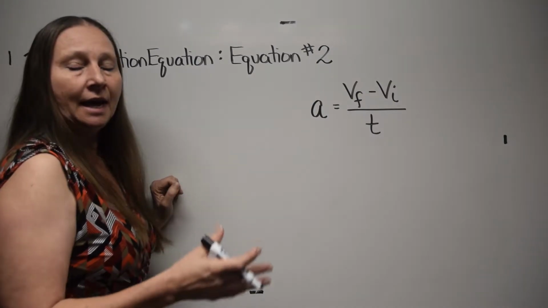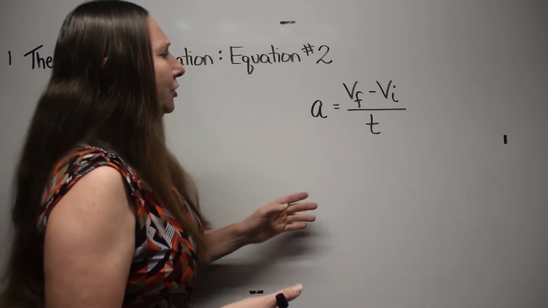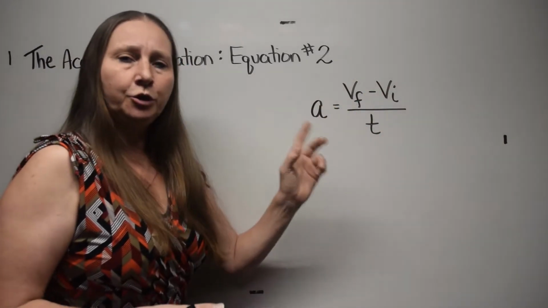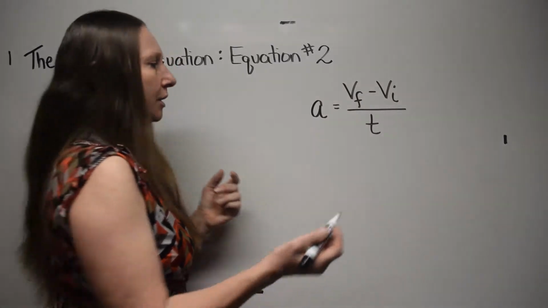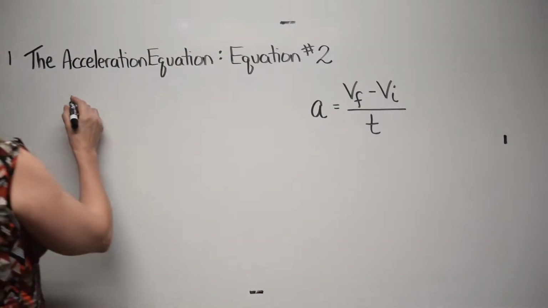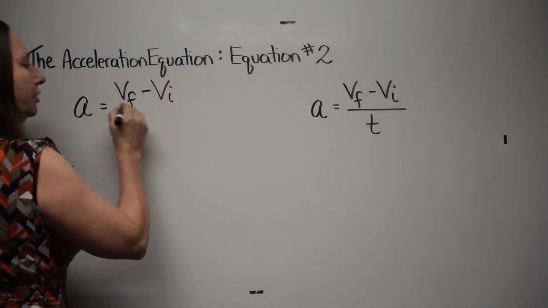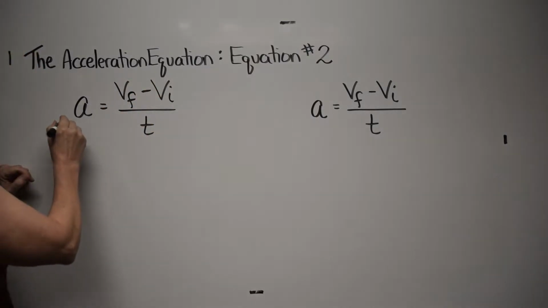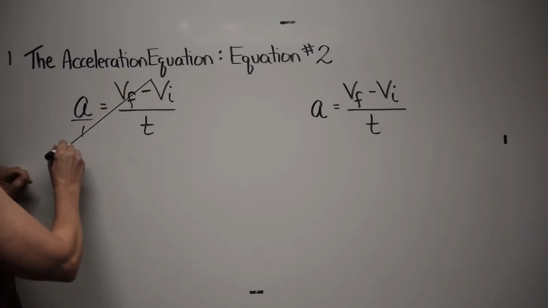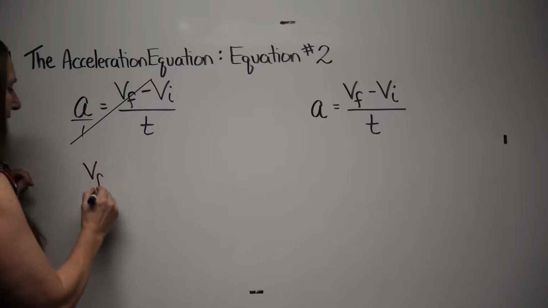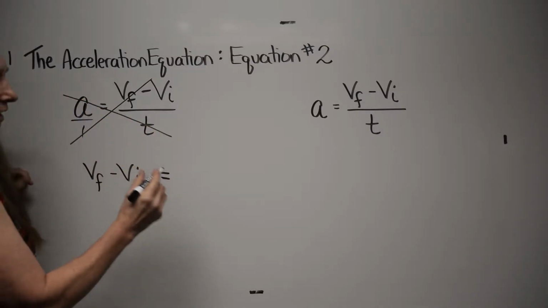Now, equation number 3 isn't really a brand new equation. It's just equation number 2 rearranged to solve for v final. So let's do that now. If a is equal to v final minus v initial over t, if we cross multiply, we get v final minus v initial equals a times t.